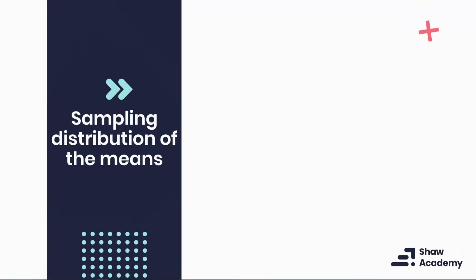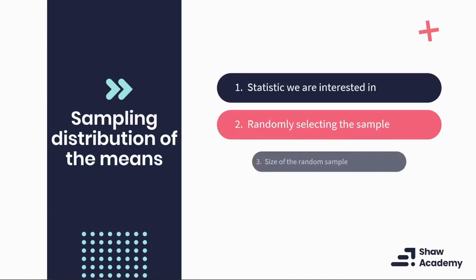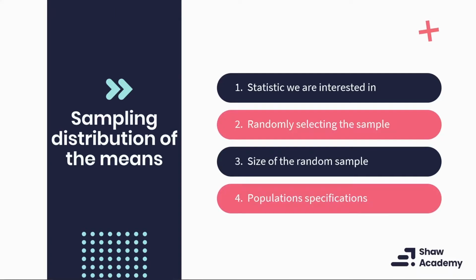4 features explain a sampling distribution: statistic of interest, random selection of sample, size of the random sample, and specification of population being sampled. The statistic of interest is, for example, the standard deviation or the mean. With the second feature, it's as simple as it's stated. The sample must be randomly selected, otherwise bias is introduced into the sample, and it will not be an accurate representation of the population.